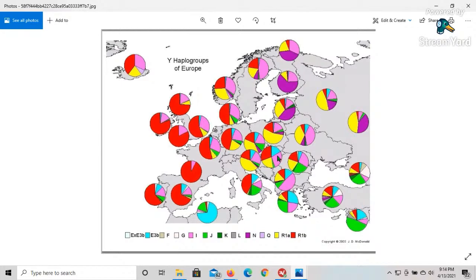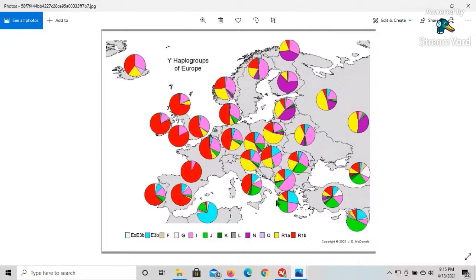All this pink here is the I Y chromosome. This is all the Israelite population in Europe, which includes Spain and Portugal, France, Britain, which, they say the English are the lost tribes of Israel.